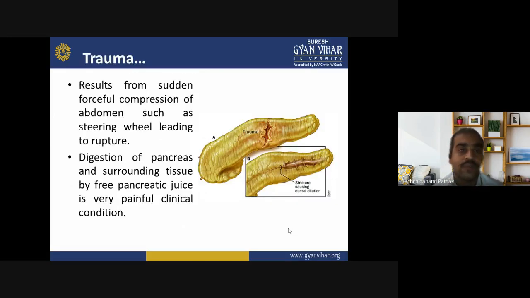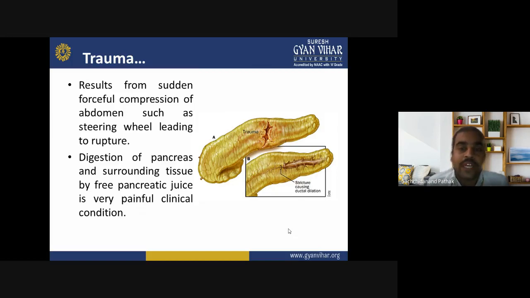Rupture can result from sudden forceful compression of the abdomen, such as from a steering wheel. If there is any trauma, it can cause rupture of the pancreas. Digestion of the pancreas and surrounding tissue by free pancreatic juice is a very painful clinical condition.